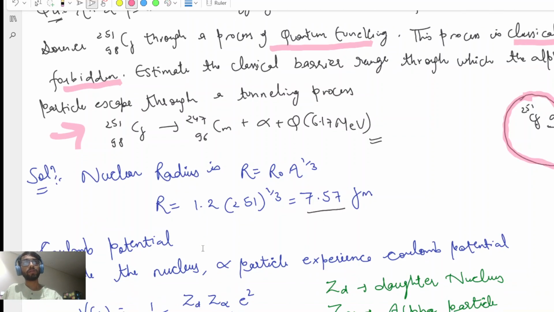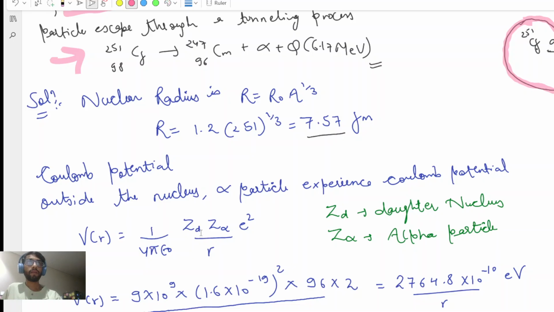What is the Coulomb potential? V(r) equals this formula: 1 upon 4 pi epsilon naught, Z_d Z_alpha e^2 by r. This is the daughter nucleus, that is Cm, and alpha, e^2 by r. V(r) comes to this.